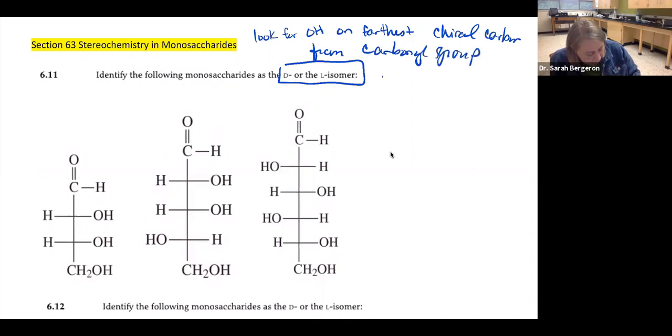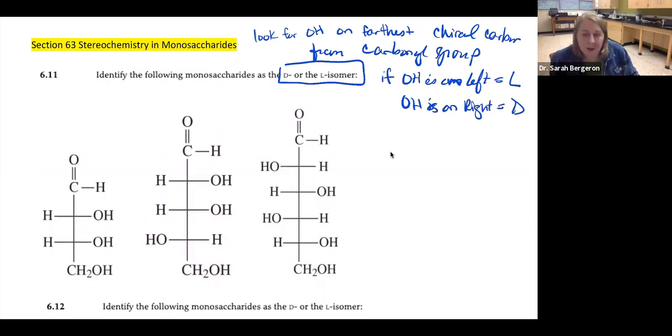If OH is on the left, that is L. If OH is on the right, we call that D, okay? So that's your little ticket. You can write that on your scratch sheet on the exam, you know, make it work for you.